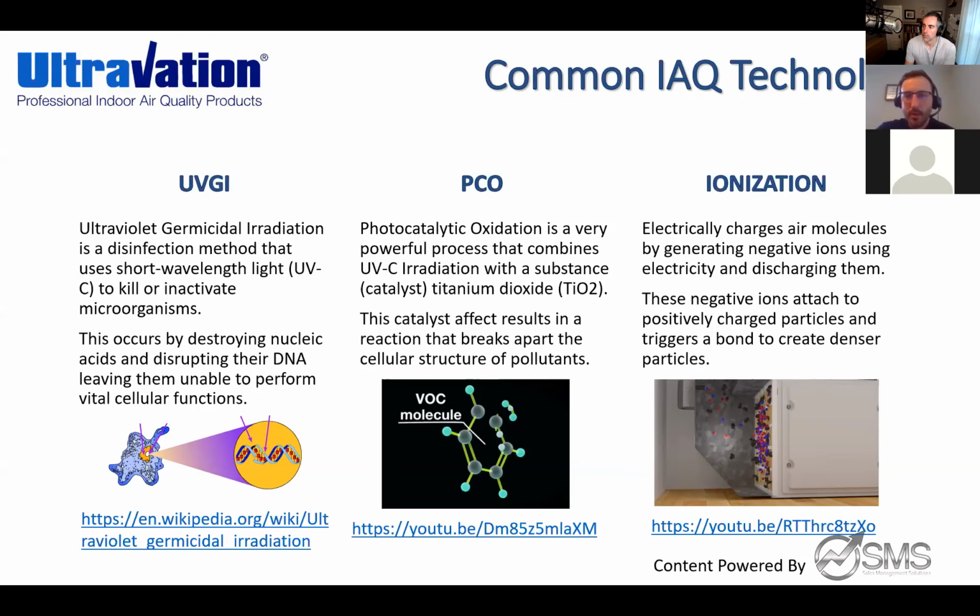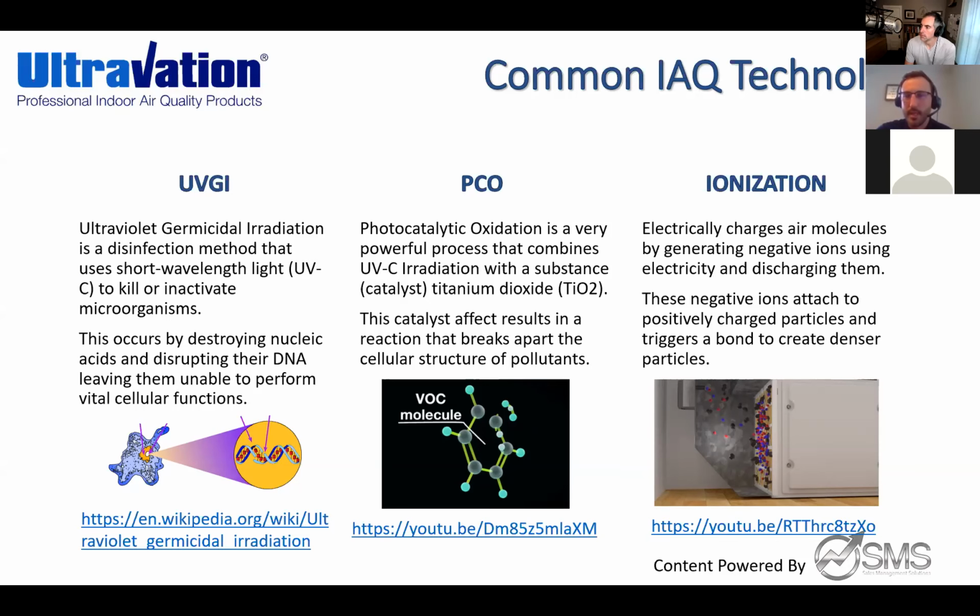PCO is photocatalytic oxidation, a very powerful process that combines UVC irradiation with a substance, titanium dioxide. That catalyst effect results in a reaction that breaks apart the cellular structure of pollutants.